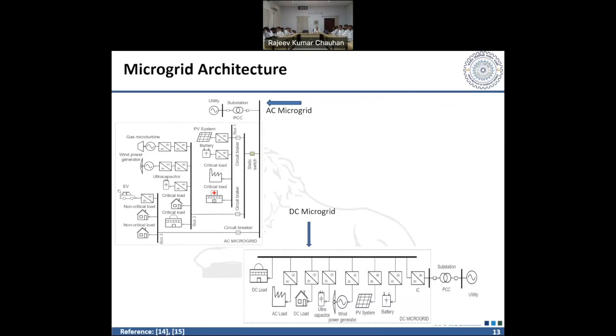So now you can have all lighting, fans and other things connected in DC form. The advantage here is that the conversion from DC to AC, which is reducing the efficiency of my system, can be avoided. So in place of the AC bus, I will have a DC bus, and most of the loads I can convert into DC.